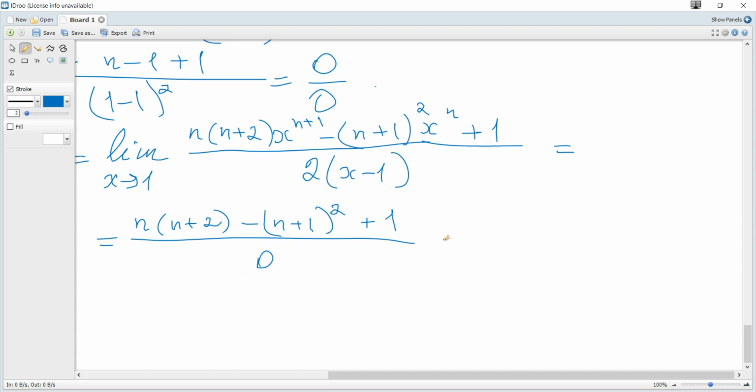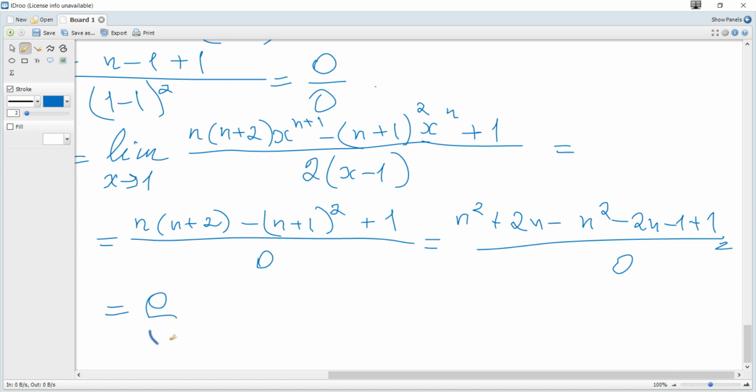Why do we need to show that it's 0 over 0? It's because it will again be in indeterminate form, and we can apply L'Hopital's rule again. Otherwise, if you get some value which is not 0, divided by 0, the limit doesn't exist, and this limit is infinity actually. So it becomes n squared plus 2n minus n squared minus 2n minus 1 plus 1 over 0.